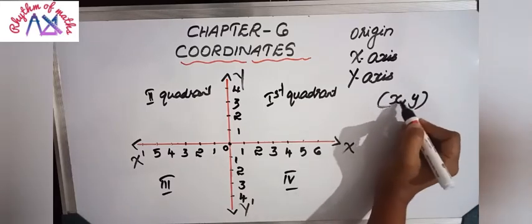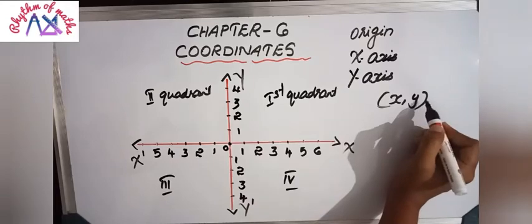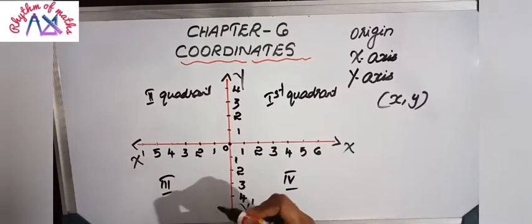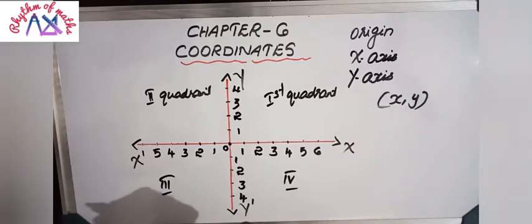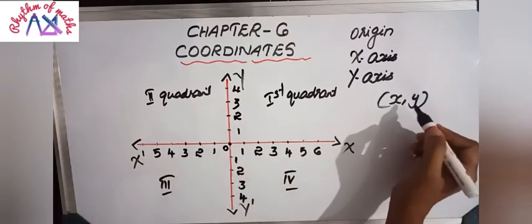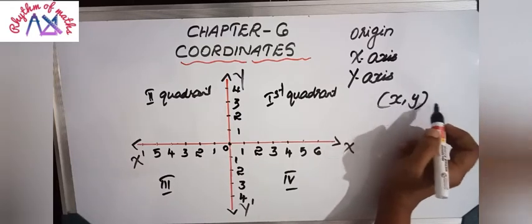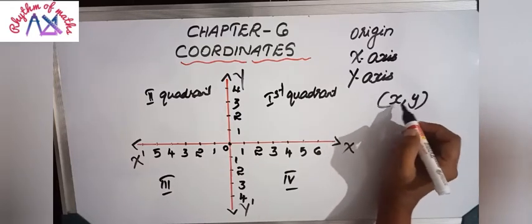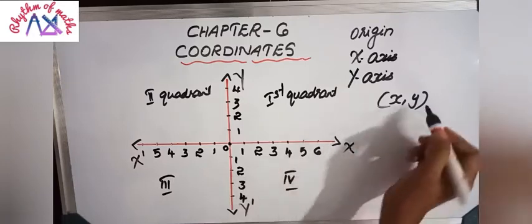Here the first number belongs to the x-axis, then the second number belongs to the y-axis. So it will be read as an ordered pair. It's a pair of two numbers, two axes will be there. So it is the ordered pair (x, y). Always the first will be x, then the second will be y.